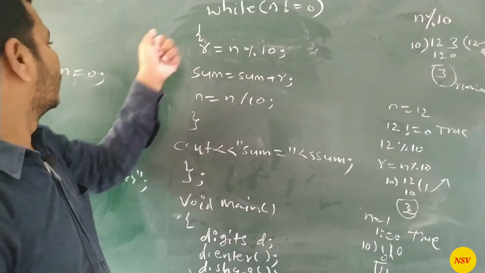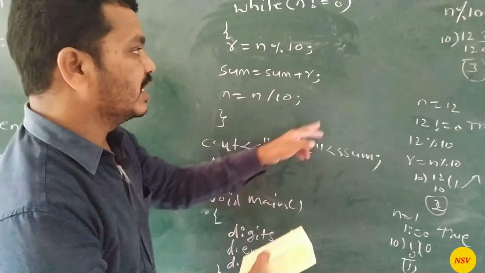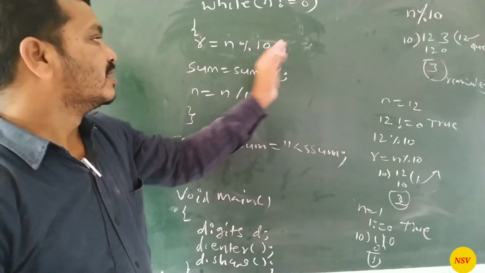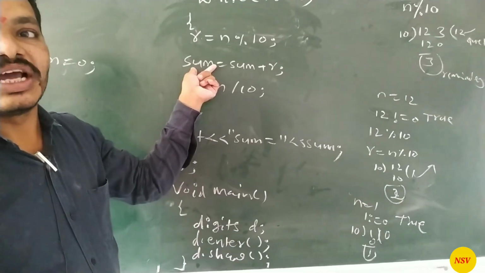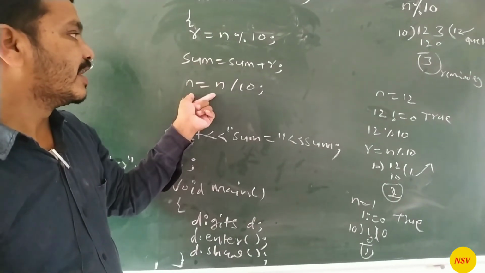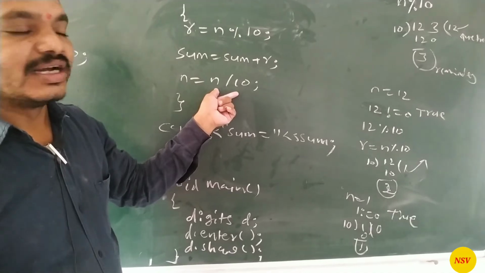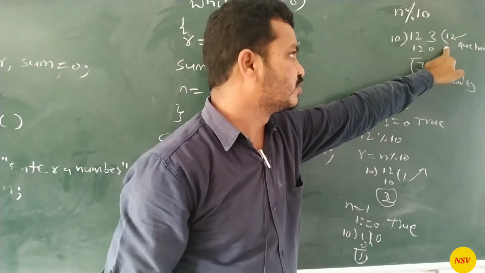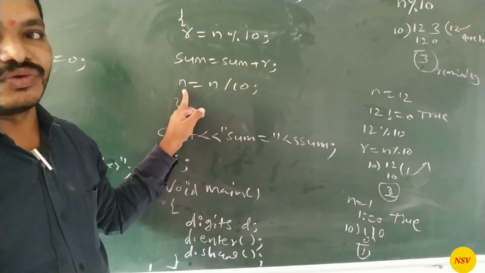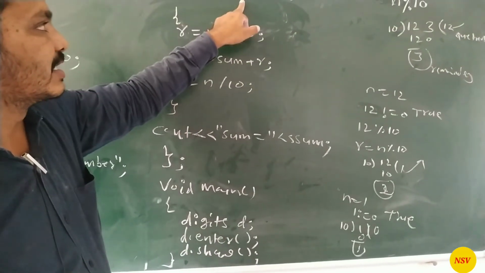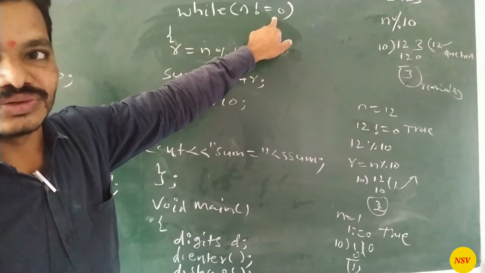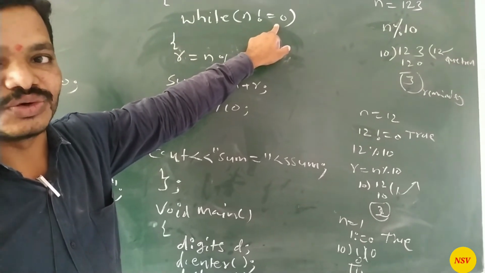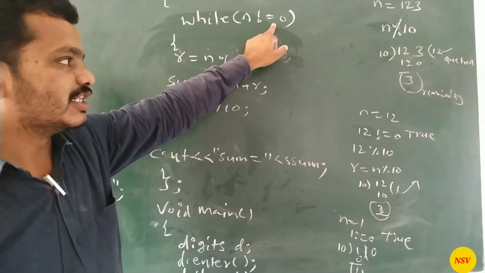Sum is equal to sum plus r. What is the sum value here? 0. 0 plus 3. What is the sum variable value here? 3. Then n is equal to n division 10. The division operator returns the quotient value, which is 12. Then the n value is 12. So again the condition is checked: 12 is not equal to 0, the condition is true.